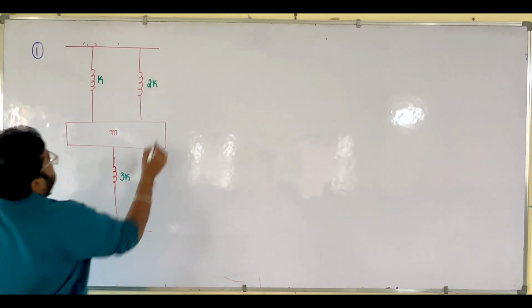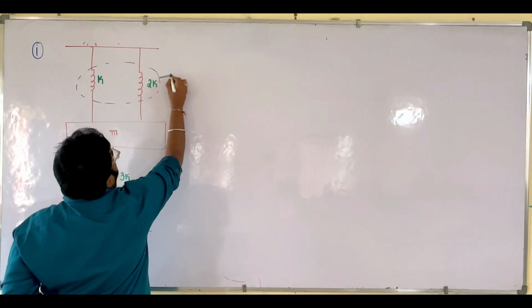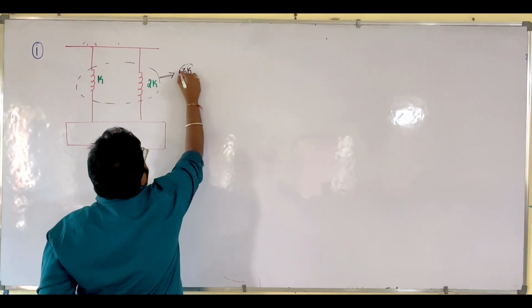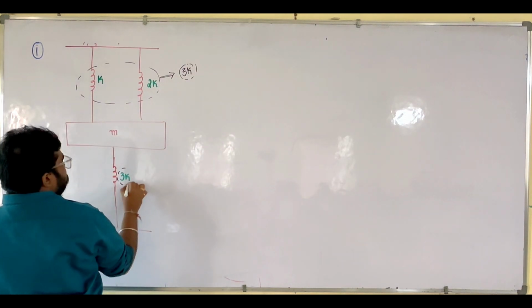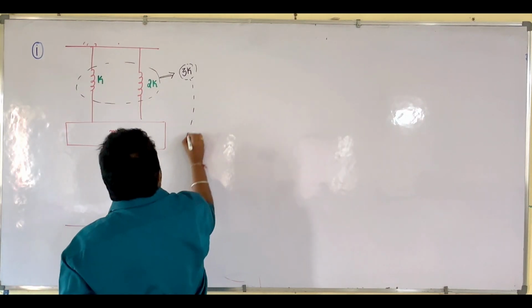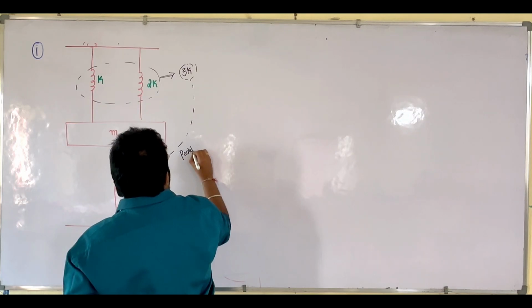Here, first, what is K equivalent? If these two are parallel, K and 2K becomes how much? 3K. 3K and 3K, both are in series or parallel? Parallel.